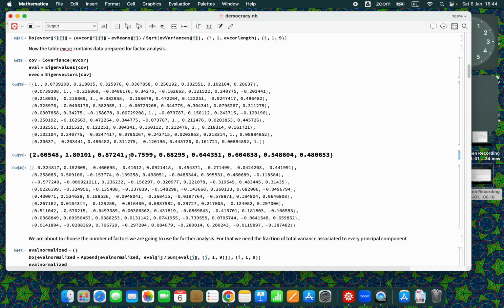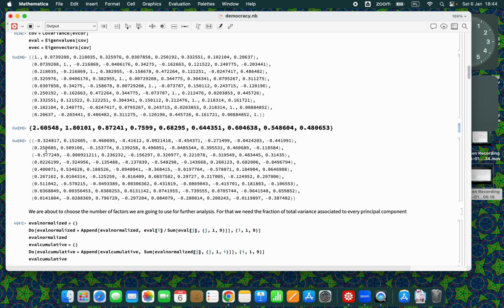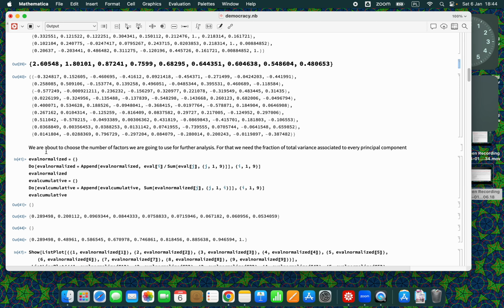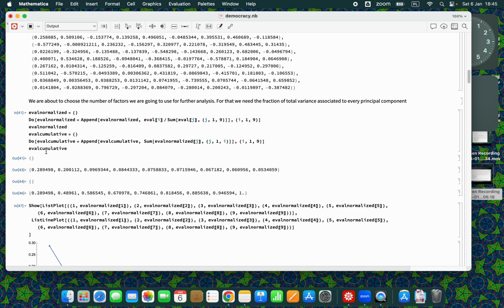Based on eigenvalues, we will choose how many factors we want. One of the criteria says that we take factors corresponding to eigenvalues which are bigger than 1. This means 2 factors. However, there are also other criteria. For example, we may want to explain roughly 80% of the total variance in this model using our factors.